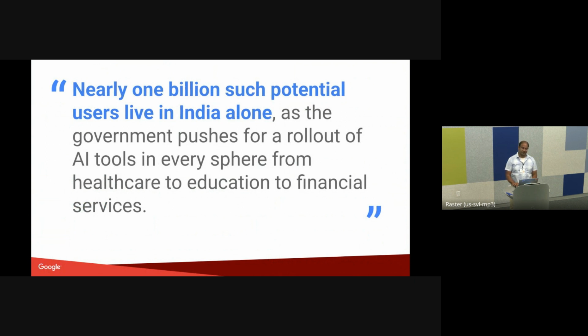Nearly 1 billion such potential users live in India alone. This article was written only in the last week, but India has 1.4 billion people. Bangladesh has another 170 million. So this is underselling it.